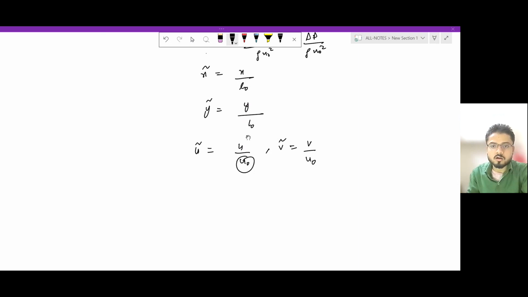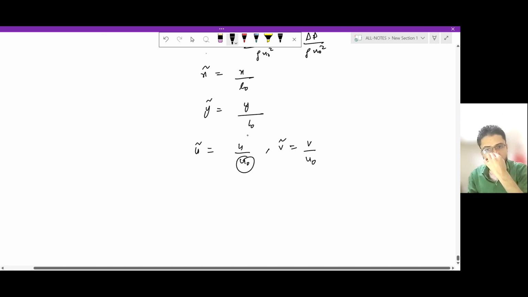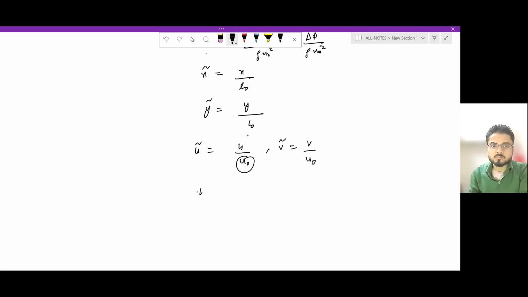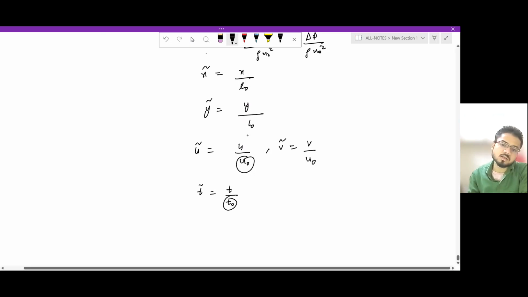And are we missing something now? Hopefully not. Yes, the time term is also missing. So we have this t tilde, the non-dimensional form of time, which would be t by t naught, where t naught is the characteristic time scale of this entire formulation, and which can further be written as L naught over U naught.